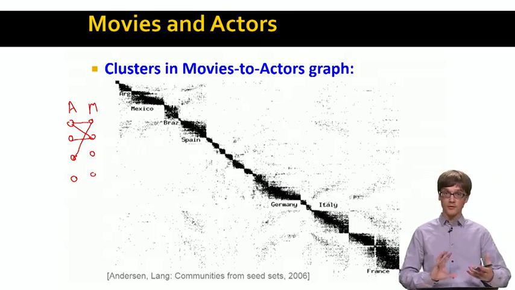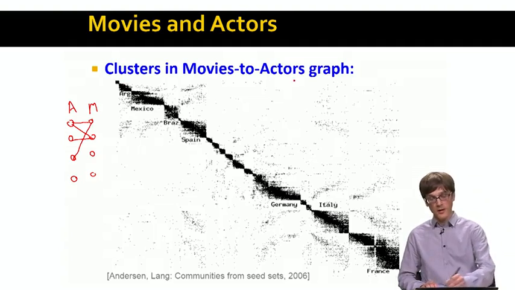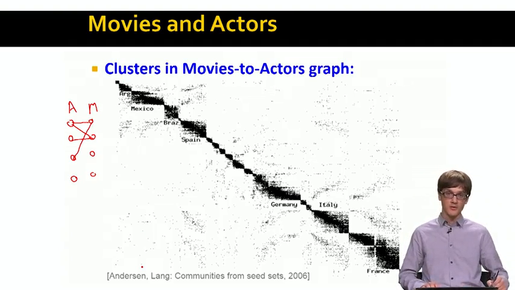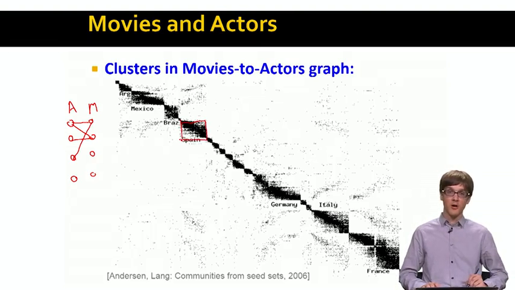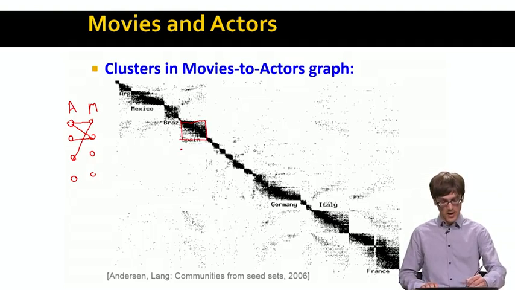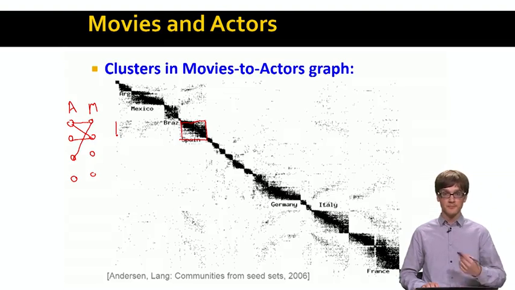And now if we think about finding clusters in this kind of graph, again, what this means is that we want to find the ordering of the rows and the columns of this matrix in such a way that we find these dense patches of edges, where it means that a given subset of actors appears in a given subset of movies. What would we expect these clusters to correspond to?